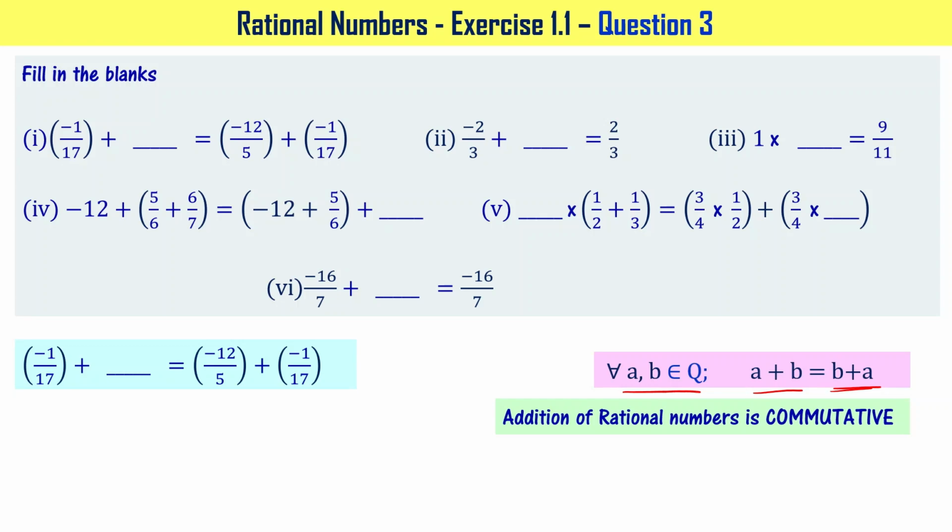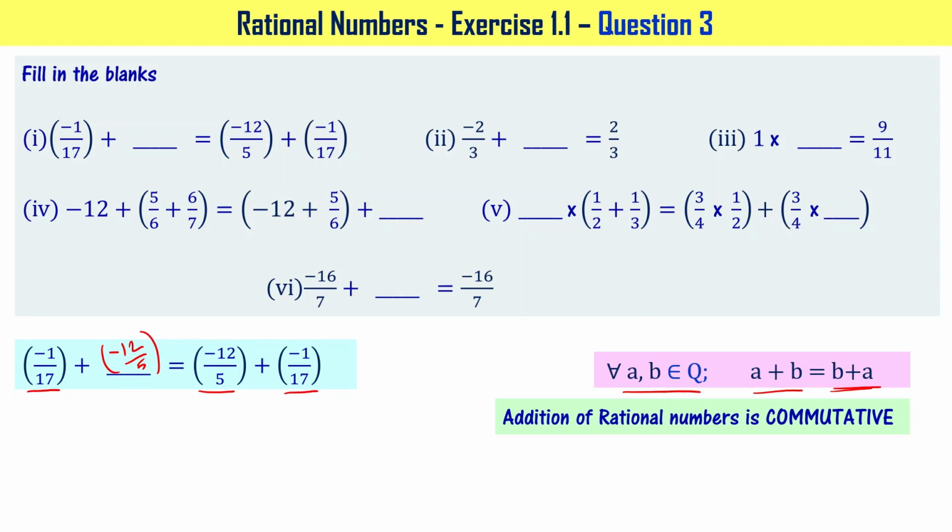In other words, we can say that addition of rational numbers is commutative. So using the commutative law, I can write it as minus 1 by 17 plus minus 12 by 5. So this is the answer we are looking for.